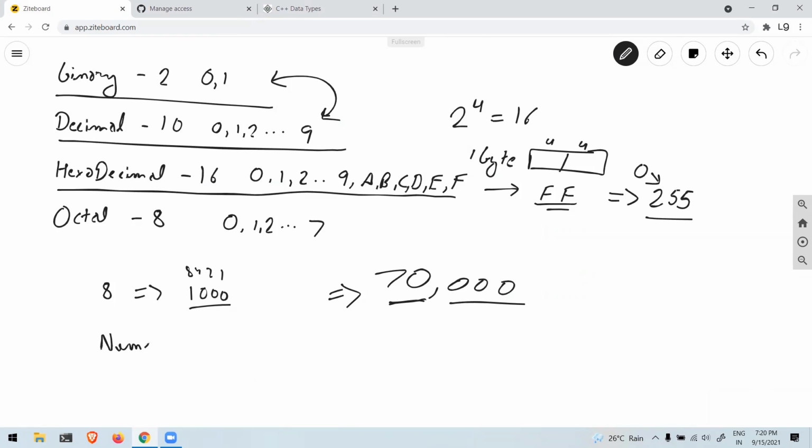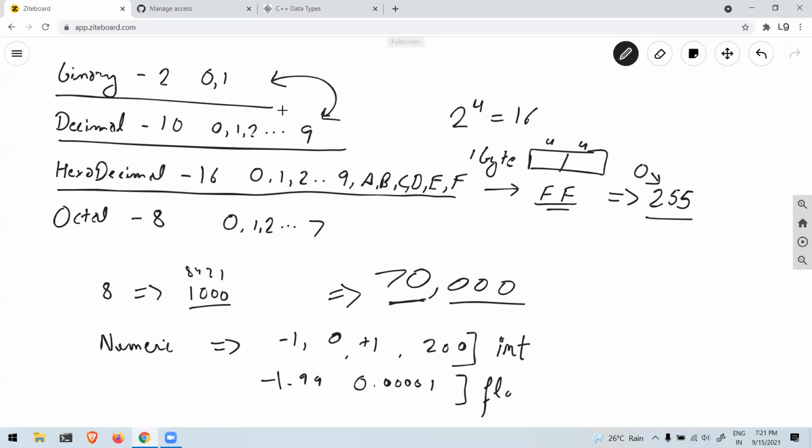Numeric can be an integer, let's say -1, 0, +1, 200, or any kind of number. Then there can be numbers with decimals, -1.9999 something, or any kind of decimal value, 0.001. It can be positive or negative, it doesn't matter. So these kinds of values are called integers, or in short, they are denoted as ints in most programming languages, and these are called floats.